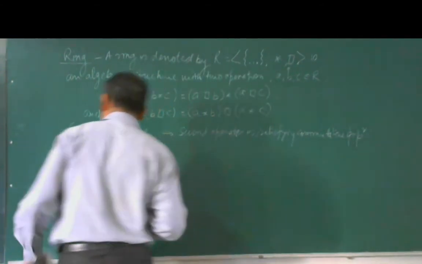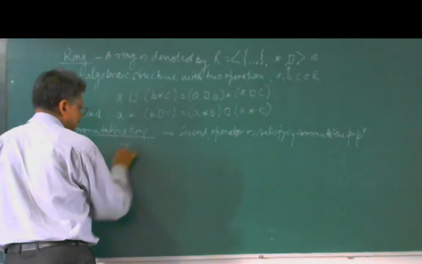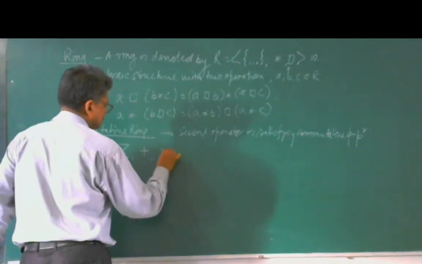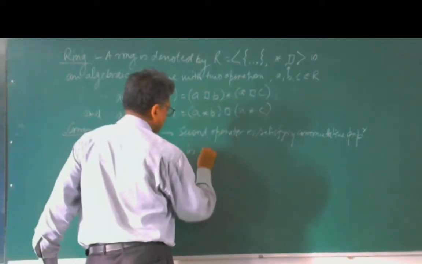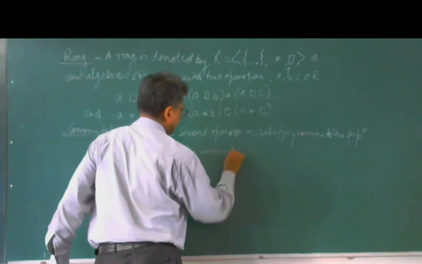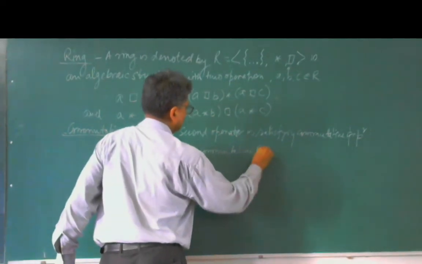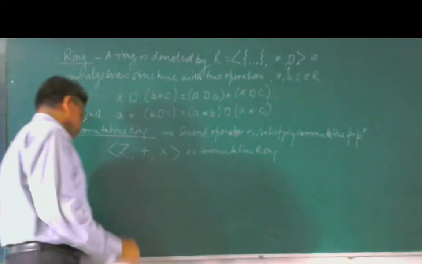Now let us give an example of a ring: Z with plus and star multiplication is an example of a commutative ring.